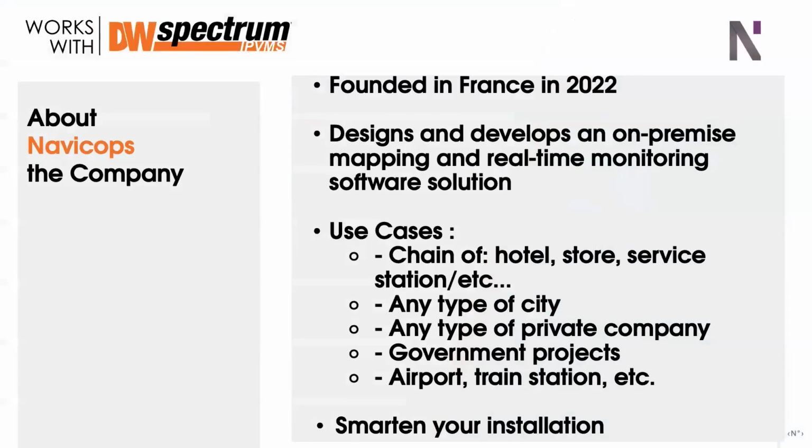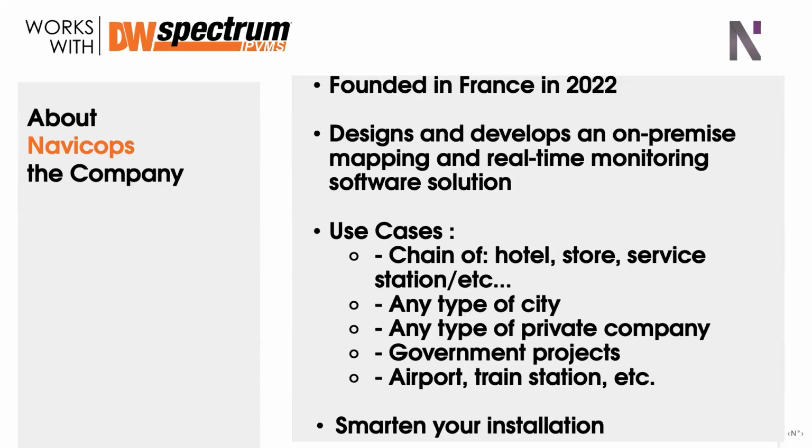Yeah, I think I will talk for Jordan. So Navicops, as you know, is a company that was created in 2022. We are French. We design and develop an on-premise mapping for Digital Watchdog.